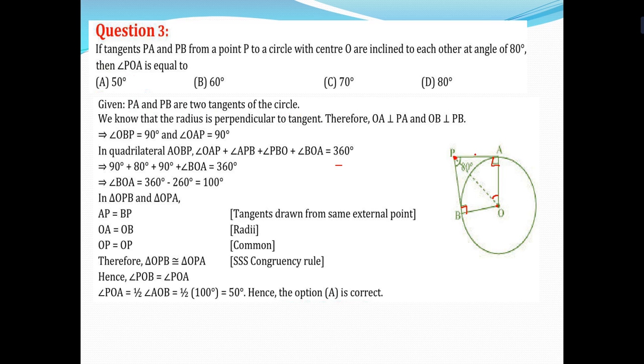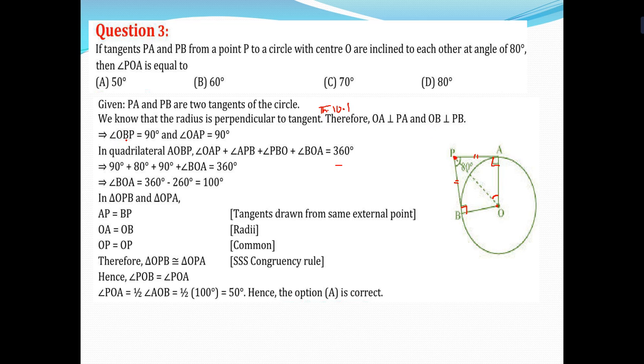So already we know the tangents are equal. And here it is 90 degree. So radius is perpendicular to the tangent according to theorem 10.1. Therefore OA perpendicular to PA and OB perpendicular to PB.